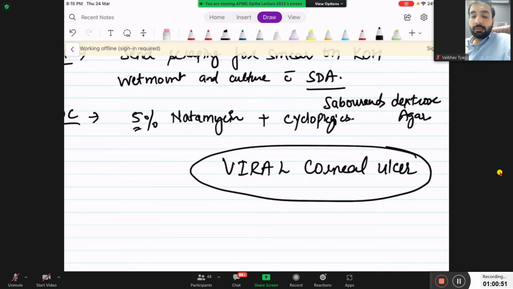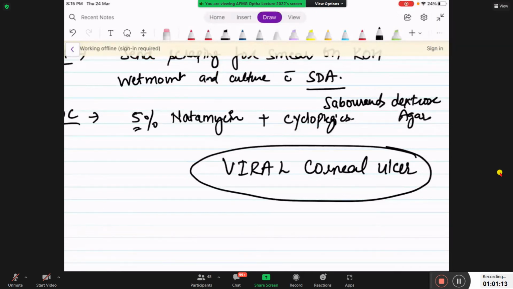Tell me the name of the virus which you have heard in corneal ulcer. Any idea? Herpes. Any other options? Herpes simplex or herpes zoster? So write down.